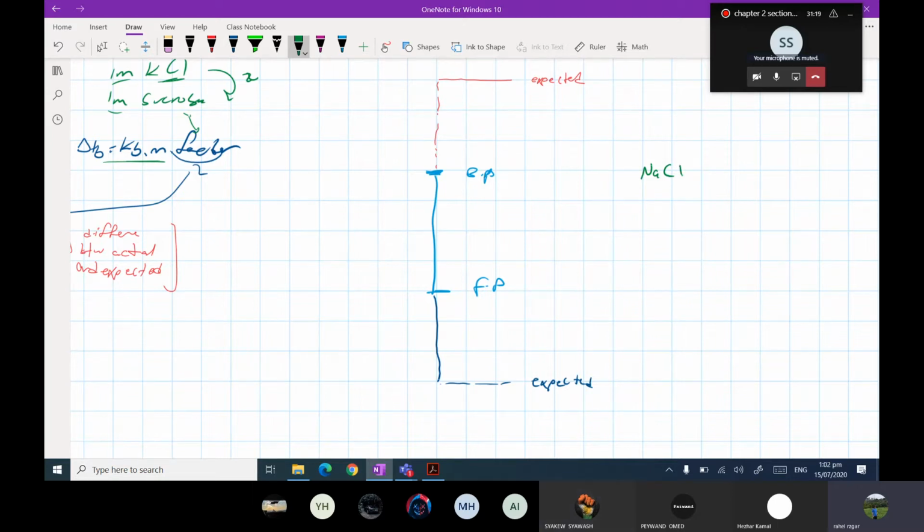Let's say we have NaCl, magnesium sulfate, and aluminium nitrate. Each one of them is 2 moles.